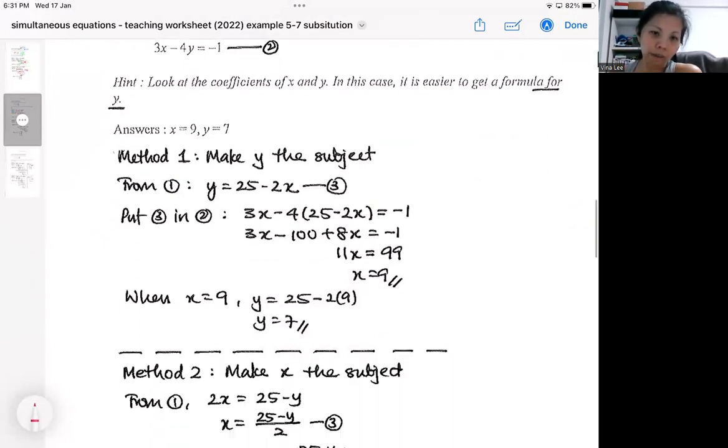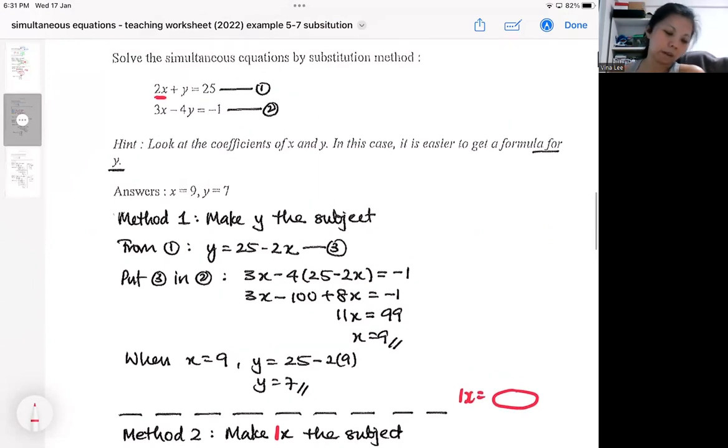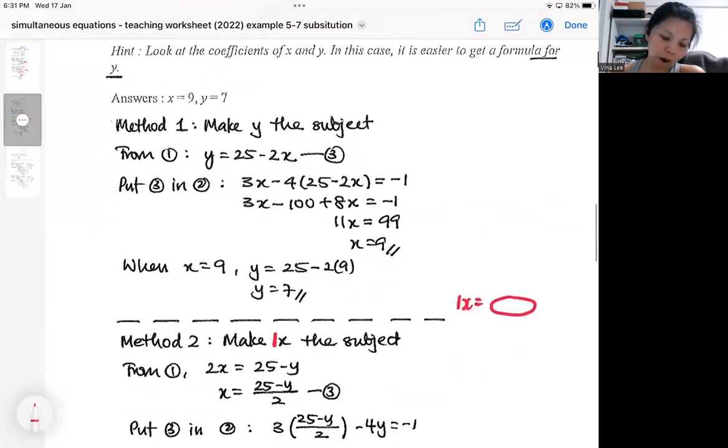So another method is I'm going to make x the subject. That means I want a formula for 1x. So I'm going to shift this over by subtracting y on both sides, and then I divide by 2 on both sides. So this is my formula for 1x.